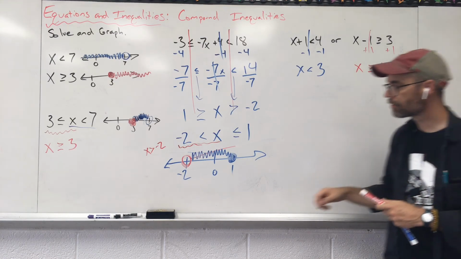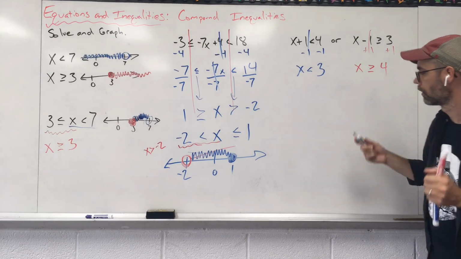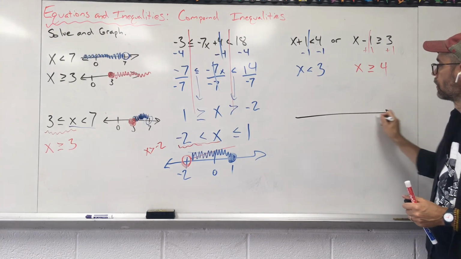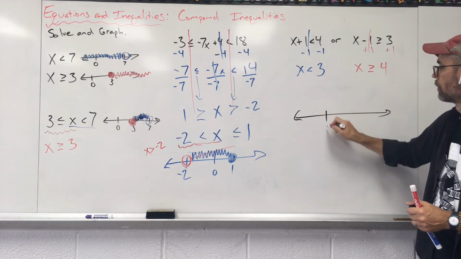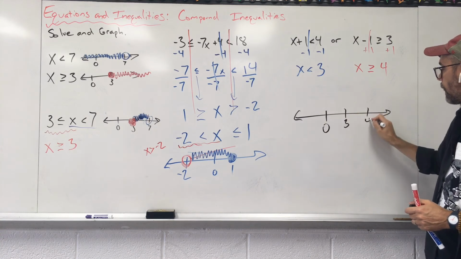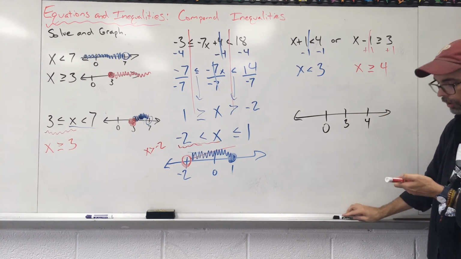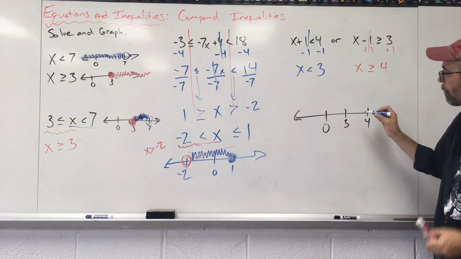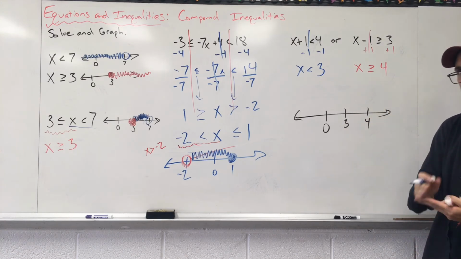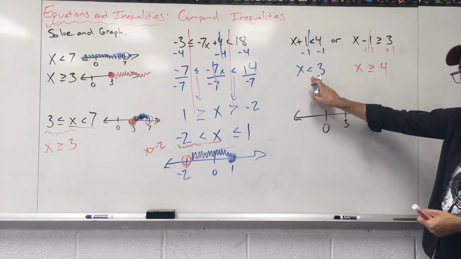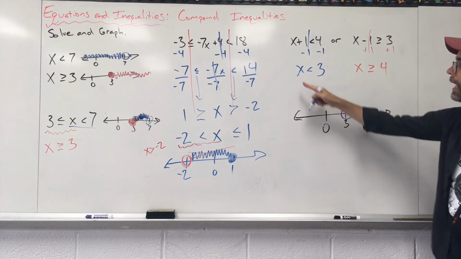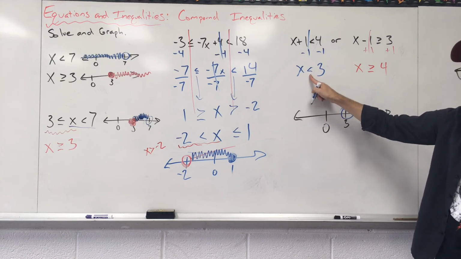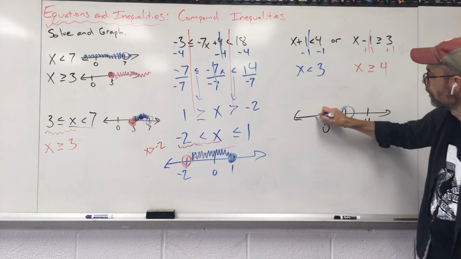And now let's graph this. So I just got my numbers in order. 3. I'm going to have open circle, closed circle. Well, there's no equal sign, open. X is less than, x is smaller. Where are smaller numbers? To the left.